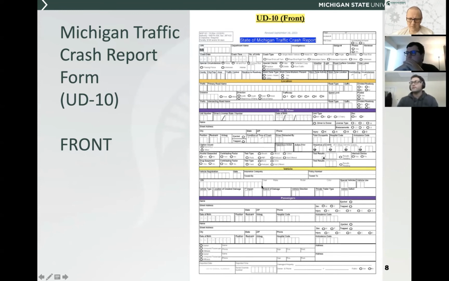And then below that, vehicle information. This is another section where we really don't get a lot of detailed information, but we get general info about where the damage occurred, how severe the damage was. And so those are a few of the other areas where that might be of interest to NHTSA or even to auto manufacturers in terms of what types of damage are occurring to those vehicles.